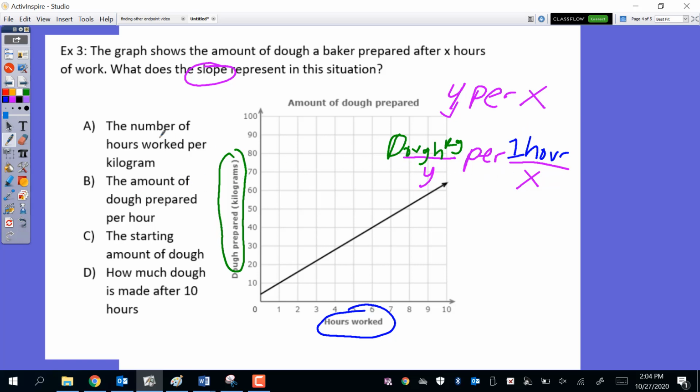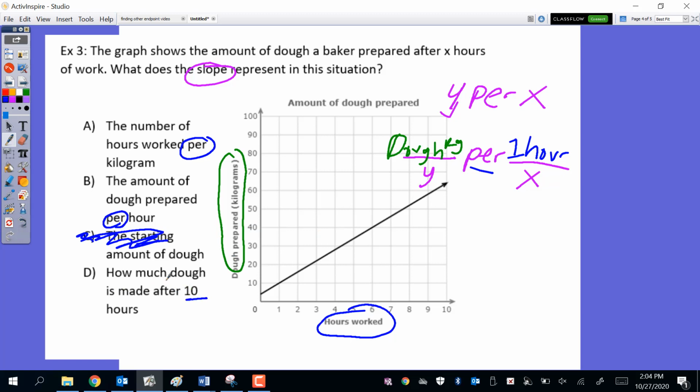So here we go. Letter A said the number of hours worked per kilogram, so it could be it because it says per, so we'll keep that in. The amount of dough prepared per hour also said per, so we're going to keep that in. The starting amount of dough, starting is for y-intercept, not for slope, so cross out C. How much dough is made after 10 hours? No, we're talking about per 1 hour.